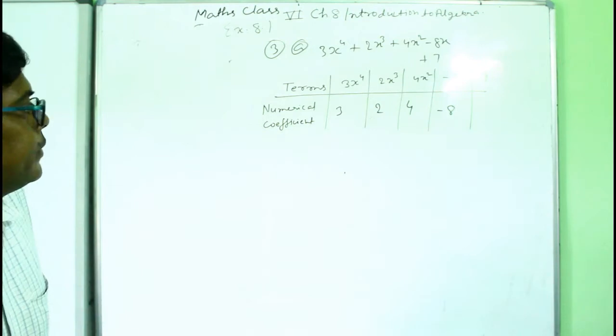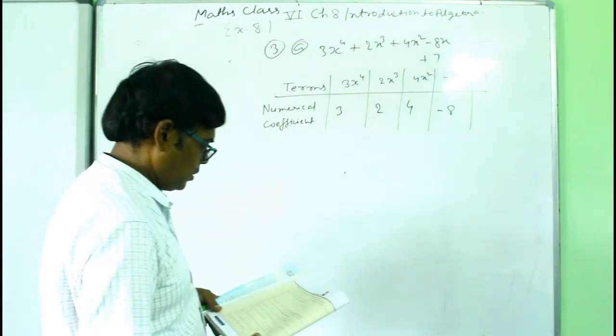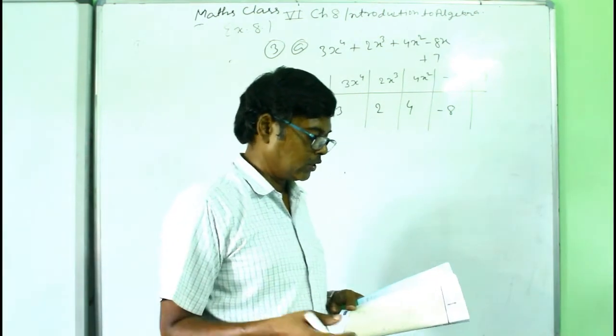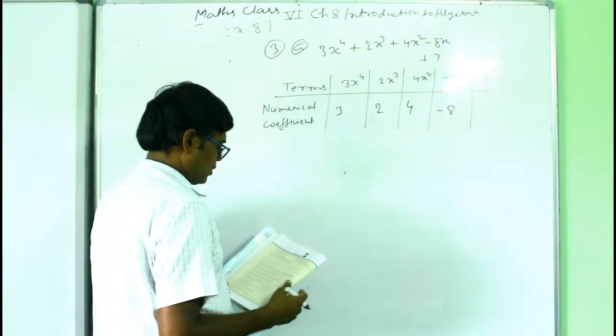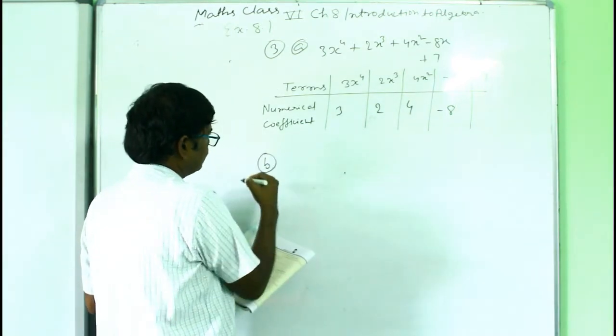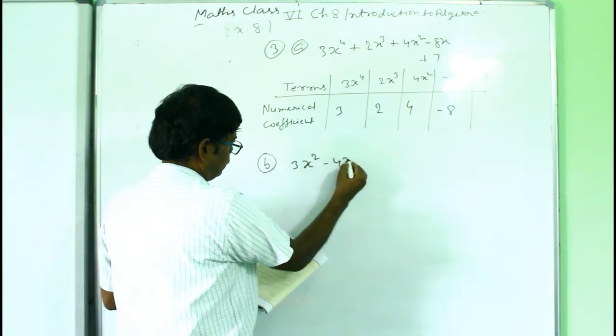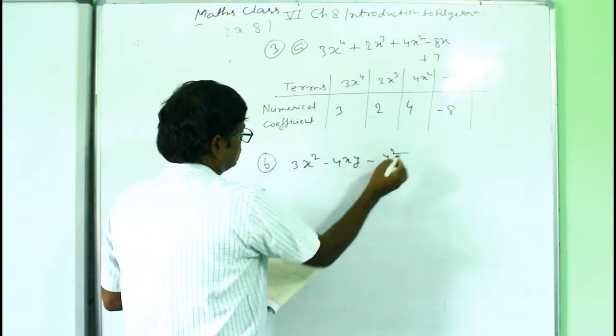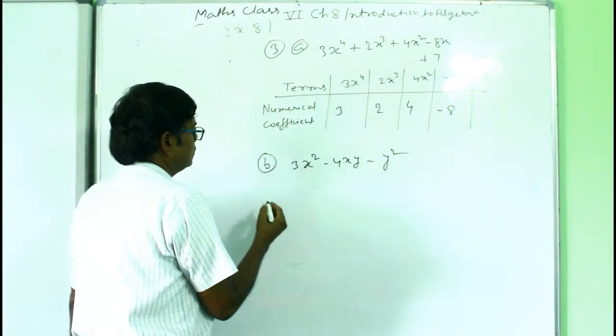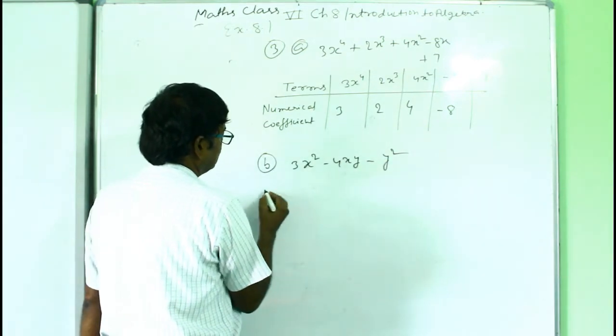Okay, so this is the answer. Similarly, you can write the numerical coefficient for the other question. For example, here question number B, the expression is 3x square minus 4xy minus y square. So here the numerical coefficient, that is first write the terms.